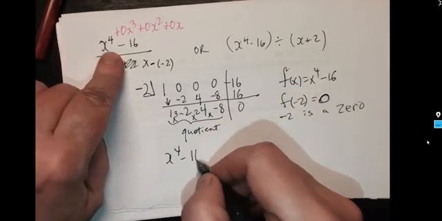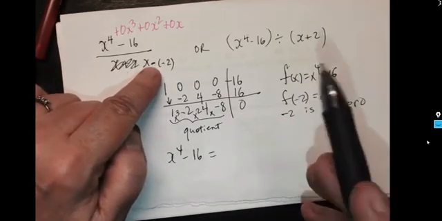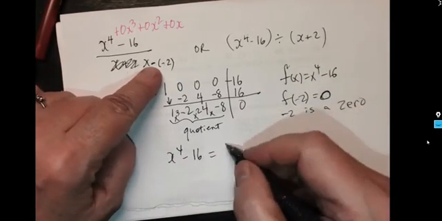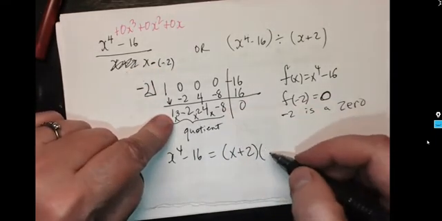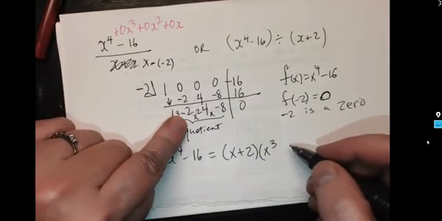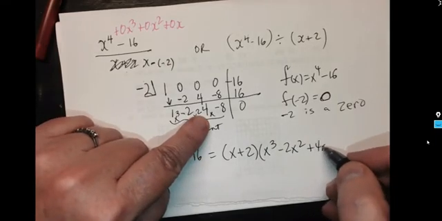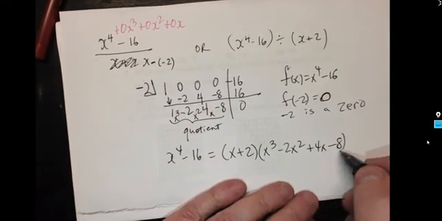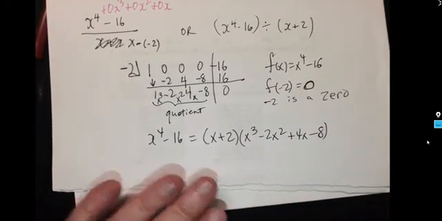X to the 4th minus 16 is equal to the divisor, what we divided by, x minus negative 2, which is the same as x plus 2, times the quotient, which is going to be 1 times x cubed minus 2x squared plus 4x minus 8, and then plus the remainder, which is plus 0, but I'm not going to write plus 0. Okay.